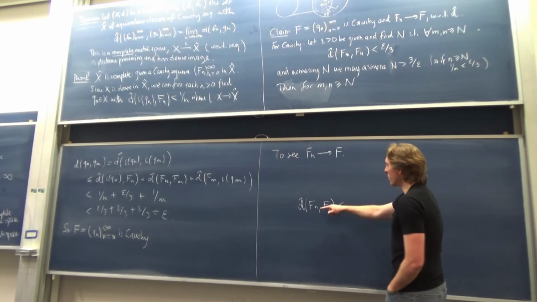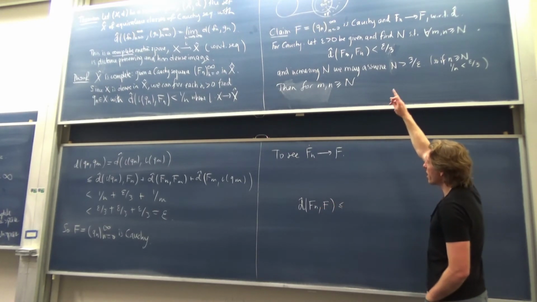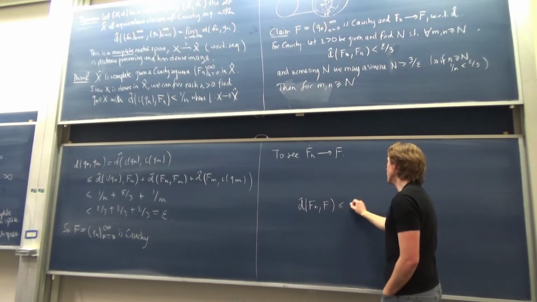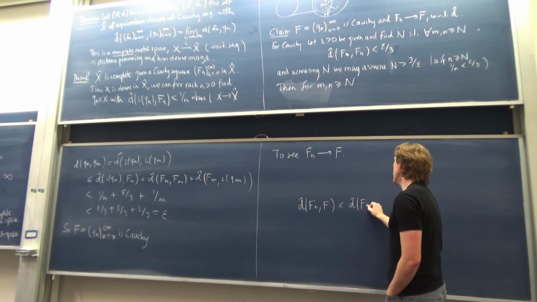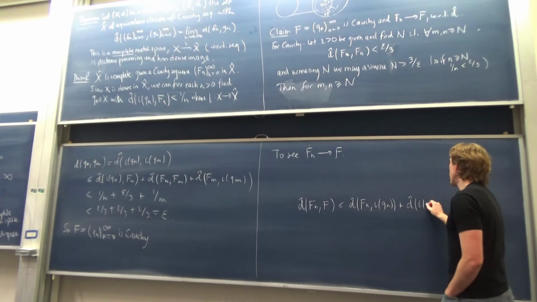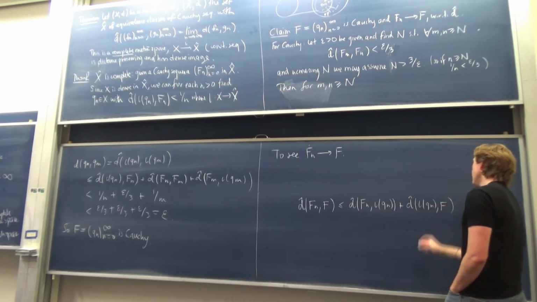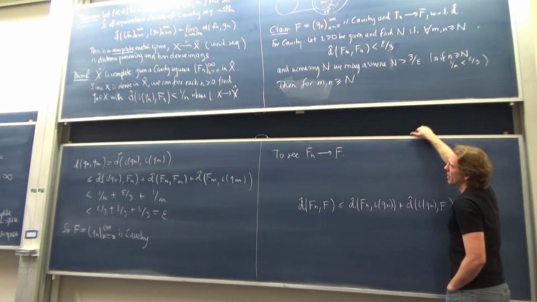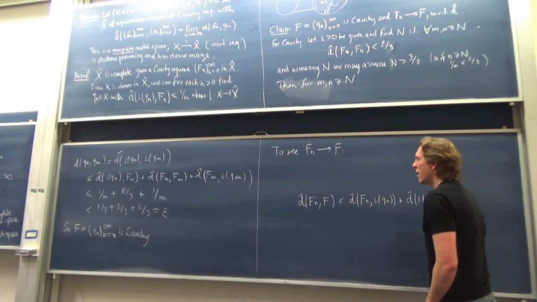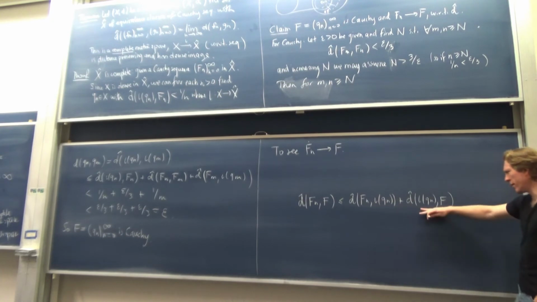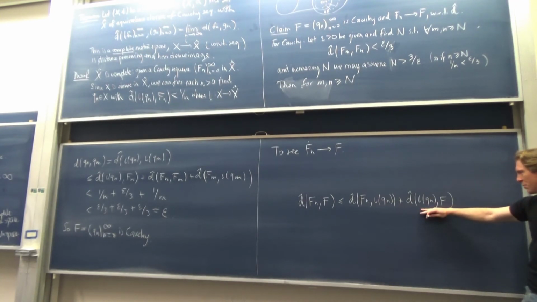What I want to do is go back and compare Qn and some term, and F. So I'm going to use d hat of Fn and Qn plus d hat of Qn and F. Now, this I know is less than 1 on n. That I can make small. So what about this? Why can I make that small?